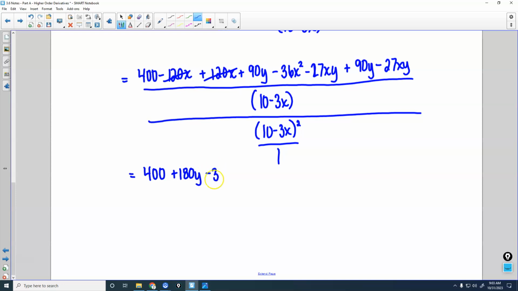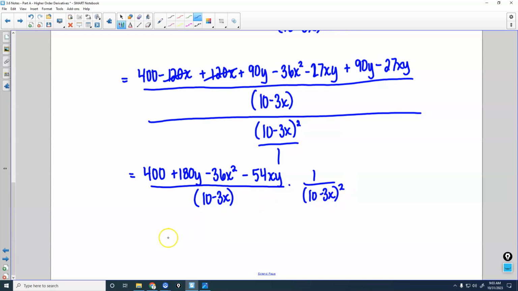Minus 36x squared, and then we got negative 27xy and negative 27xy will be negative 54xy. This is over 10 minus 3x times 1 over 10 minus 3x squared.